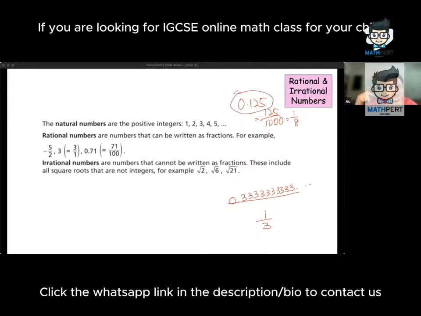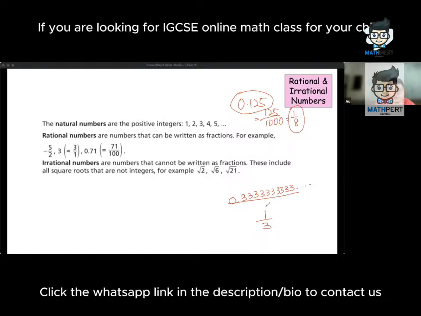That means it will not be recurring. So we can rewrite it into a fraction. As long as it is not recurring, all the decimal numbers can be written as fractions.